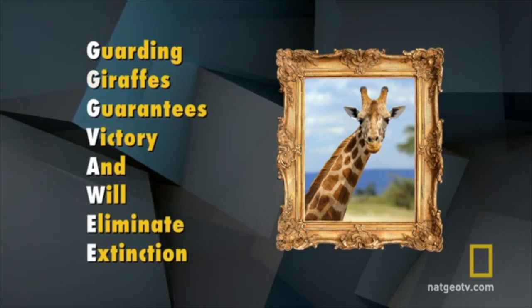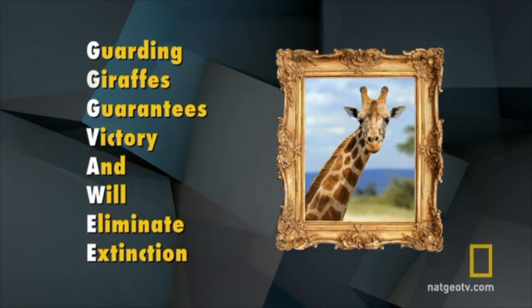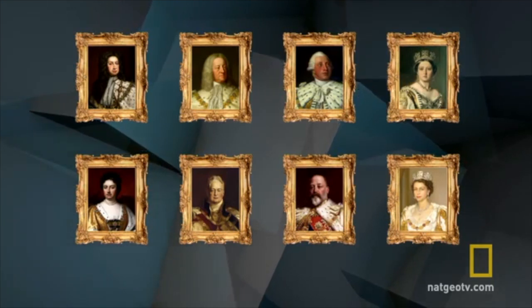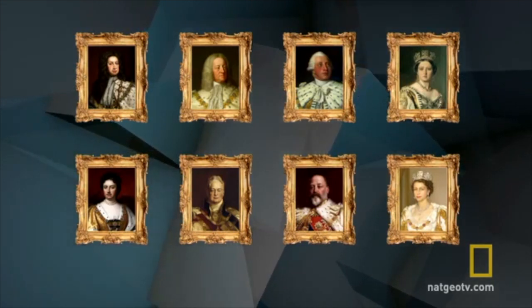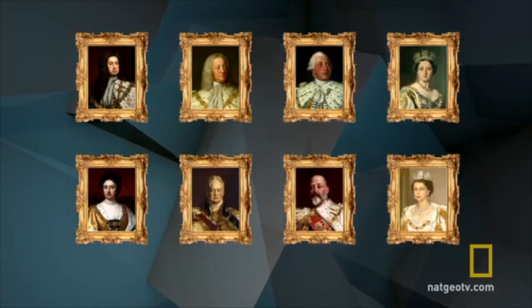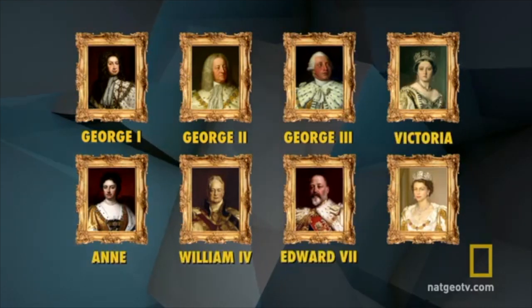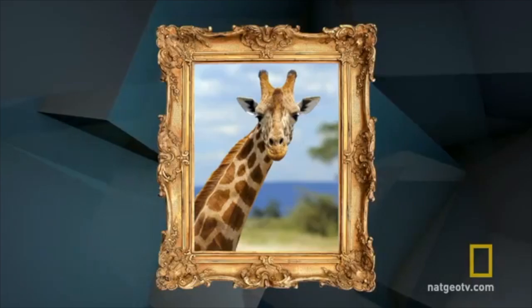And using the words of this sentence, can you remember our kings and queens now? With a little help, were you able to place George, Victoria, Anne, William, Edward, and Elizabeth? Pretty impressive trick, right?